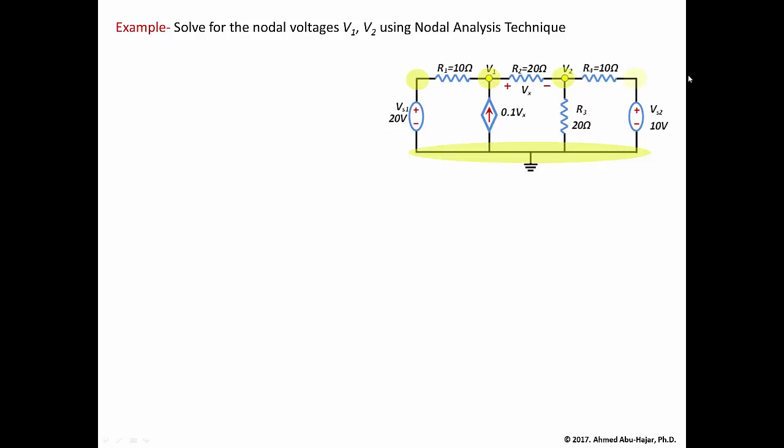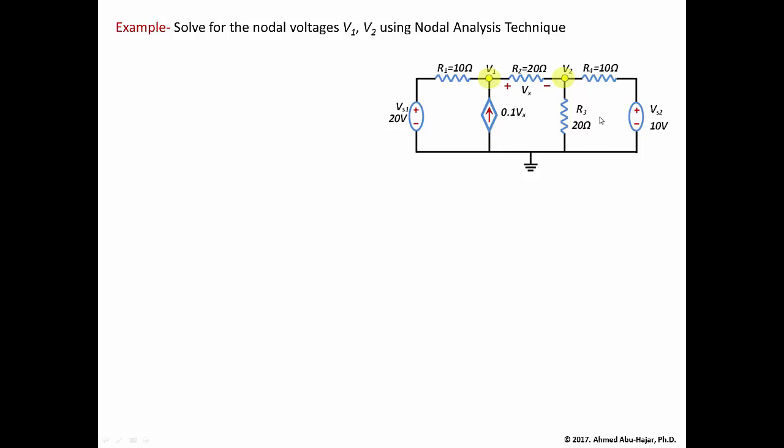Then we have this node, and this node also has a voltage source connected to it from this node to ground. That means that the voltage at this node is the same as the 10 volts. Now keep in mind that you need to check the polarities for those two voltage sources. Basically, we have two unknown nodal voltages in the circuit.